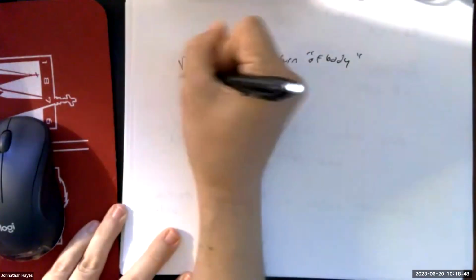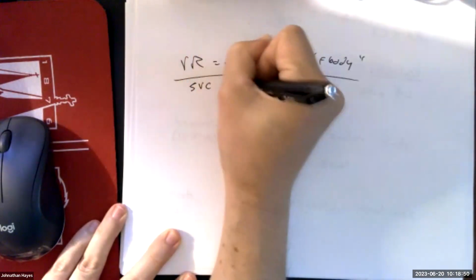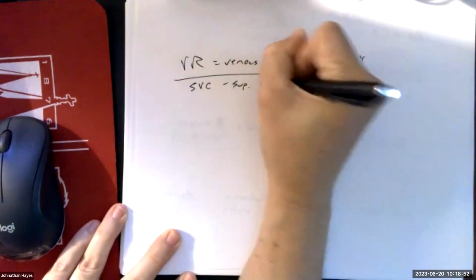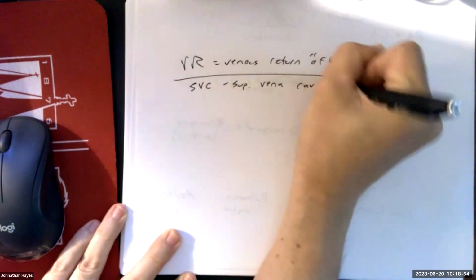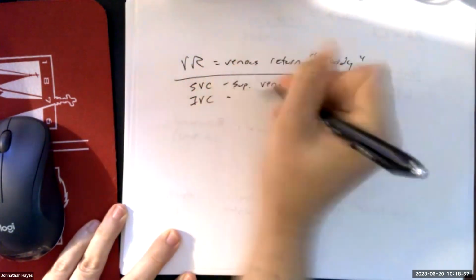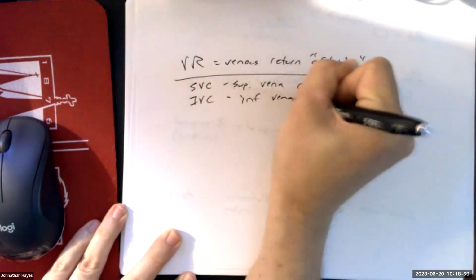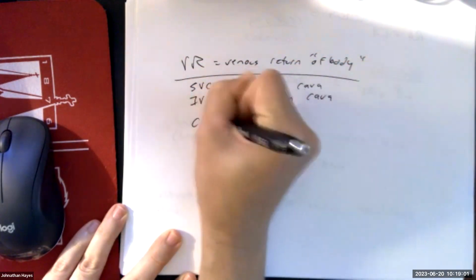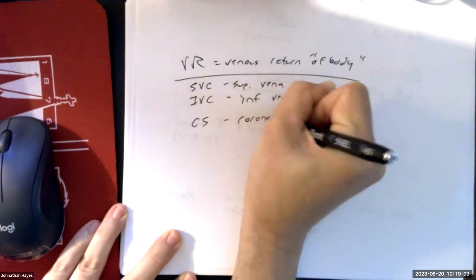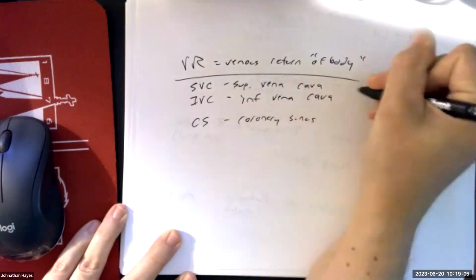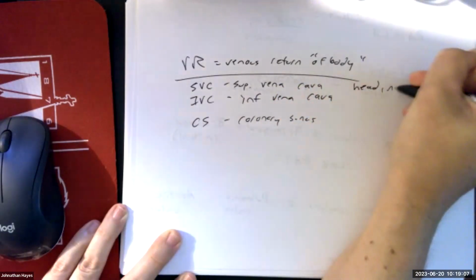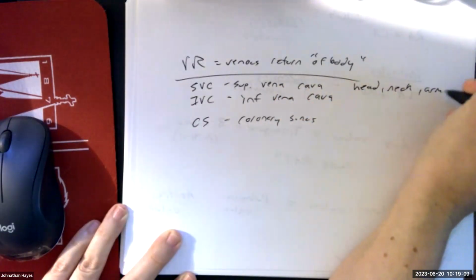So VR is going to be made up of superior vena cava, I'm just going to abbreviate this, inferior vena cava, and coronary sinus. This drains head, neck, and arms.